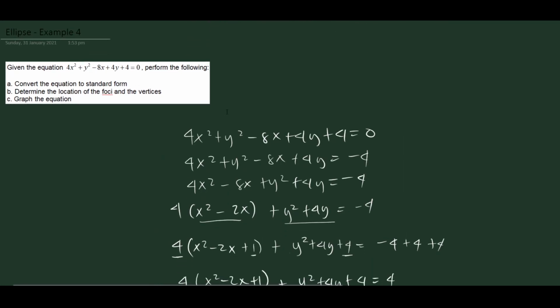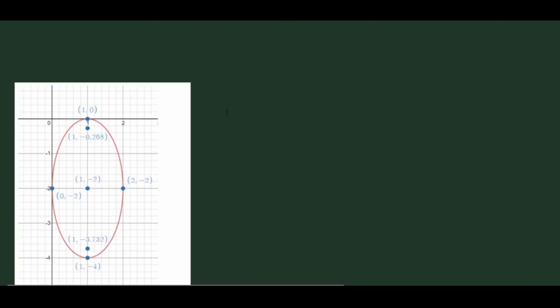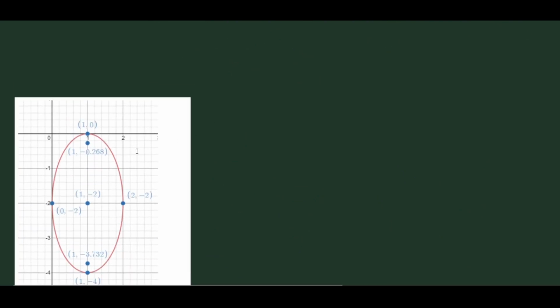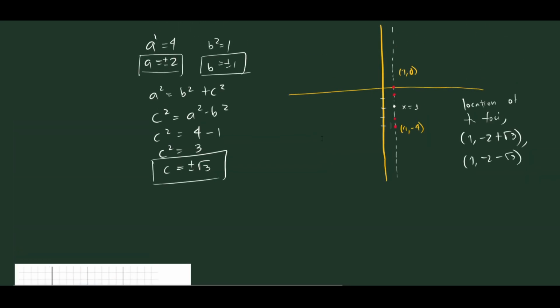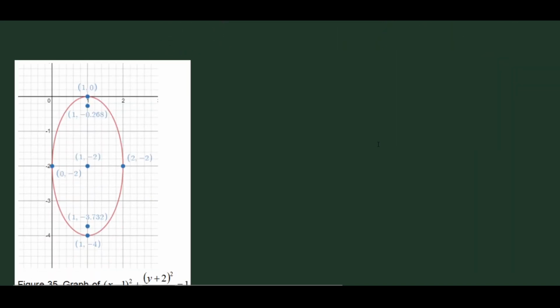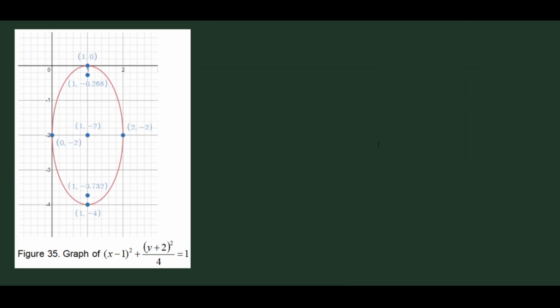And then also we need to graph the equation, so we can use the graphing utility for that. Here we go. So 1, 0, and 1, -4 for our vertices, and 1, -0.268, which is -2 plus square root of 3 evaluated, and also 1, -3.732, if we evaluate 1, -2 minus square root of 3.